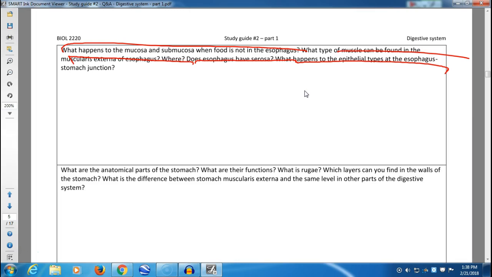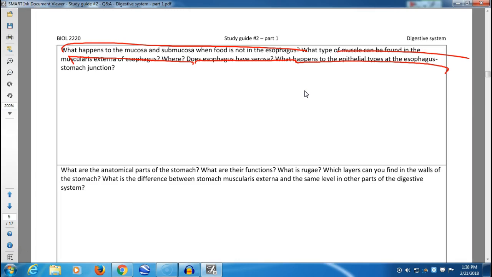Parts of the stomach. Cardia, that's upper. Fundus and body. I would put fundus and body together because they're functionally similar. Is it okay that I'm sitting? Because it's really impossible to draw all the time.